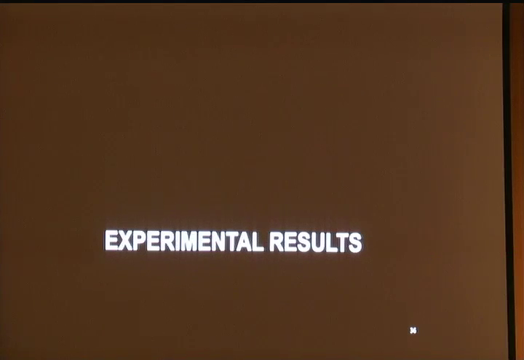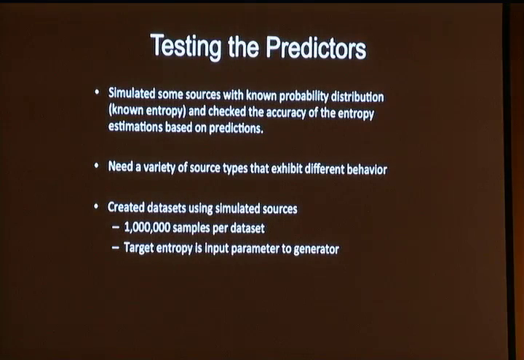Let me go over our experimental results now. We use a lot of simulated sources with known probability distributions. We selected some probability distributions, and because we know the probability distribution, we know the entropy of these sources, and then we check the accuracy of our entropy estimations based on our predictions.